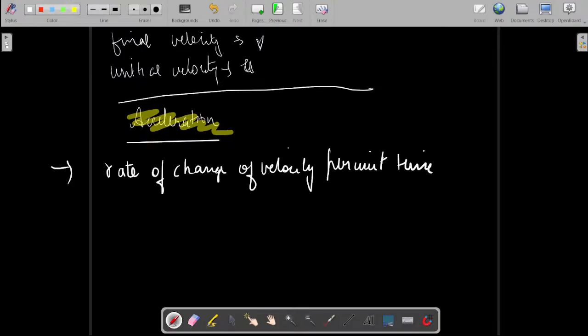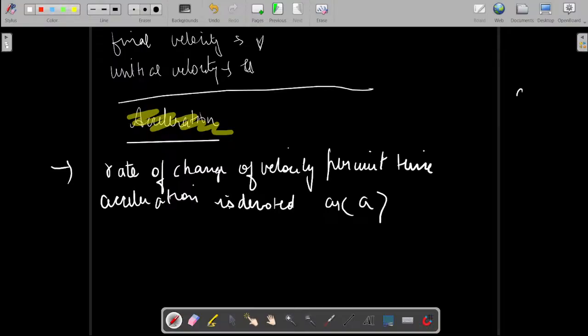Acceleration is denoted as a, and when I write, I'm going to write it like that only, I won't write acceleration fully. So we have to know this rate of change. Rate means divided by time.